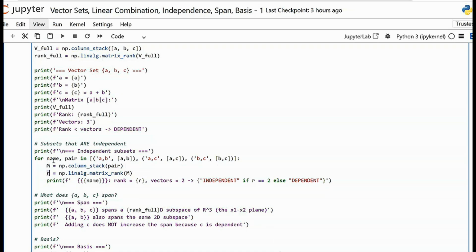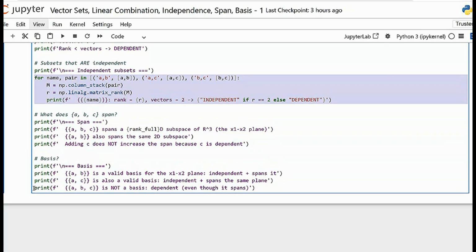M is the column stack of the pair, and we calculate the rank with the variable R. For each pair, we build a matrix and compute the rank within this loop.